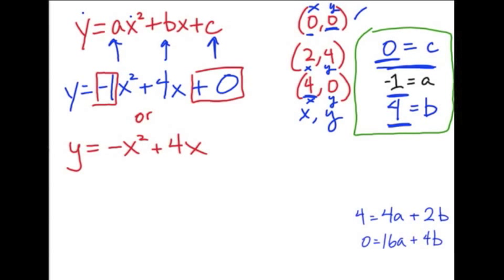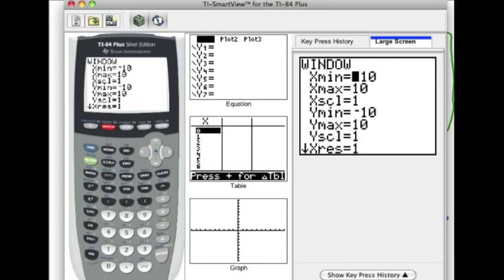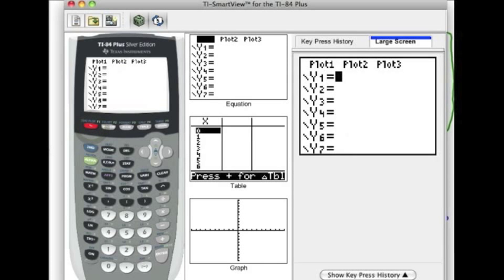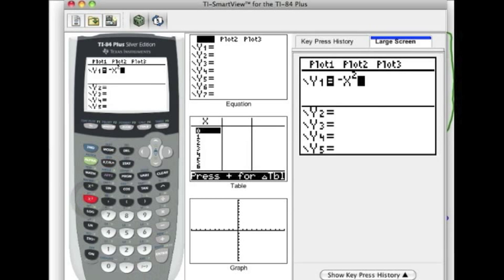And now just for fun, I'm going to graph it to find out if it does pass through the points that we said it was going to. So let's go y equals negative x squared plus 4x, and I'm going to hit graph.